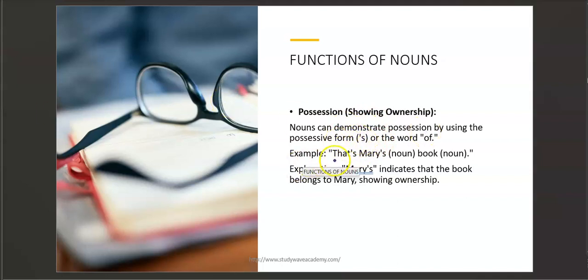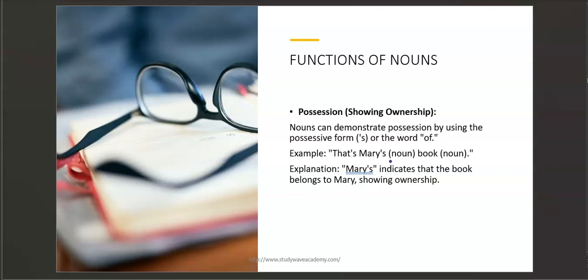For example, in our sentence, that is Mary's book. The apostrophe and the S here, let me underline it to show you, just show possession. It shows that the book belongs to Mary.